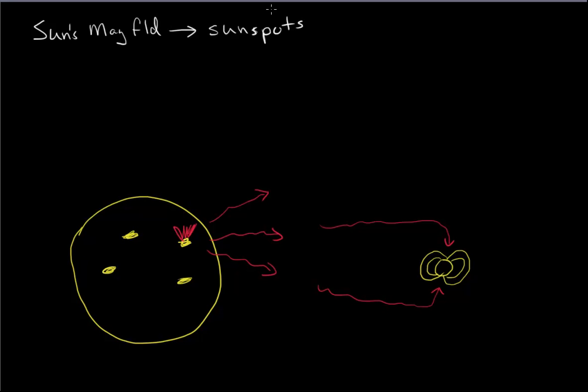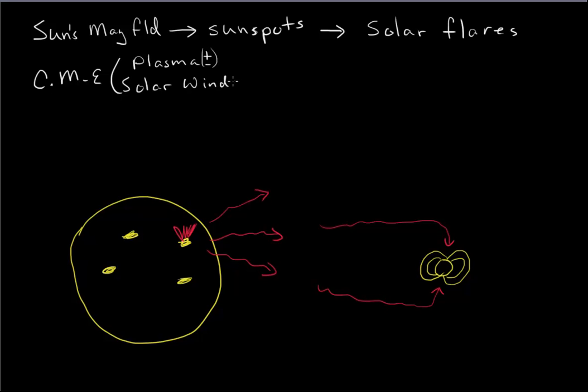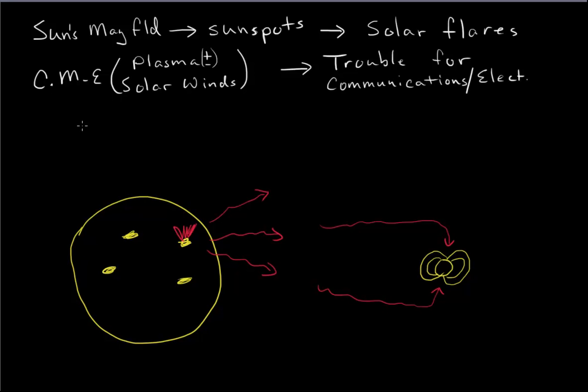Alright, so we're looking at the diagram here. You can see me writing out the chain of events. Sun's magnetic field, sunspots, solar flares, CMEs, and then what that finally comes to, it reaches us through the poles, and the solar winds can cause problems for all electronics and communications.